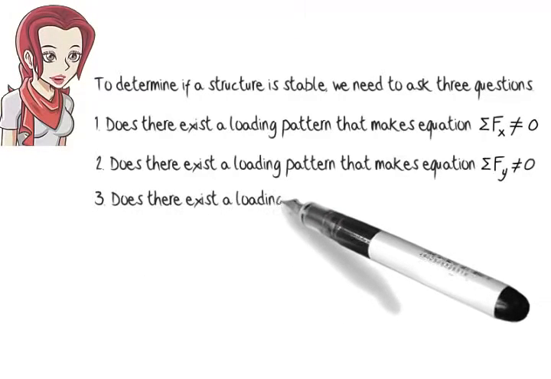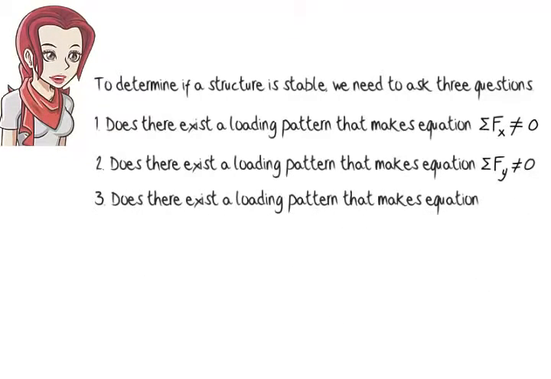Does there exist a loading pattern that makes the equation sum of the moments about the z-axis equals 0 unsatisfiable? If the answer to any of these questions is yes, then the structure is considered unstable.